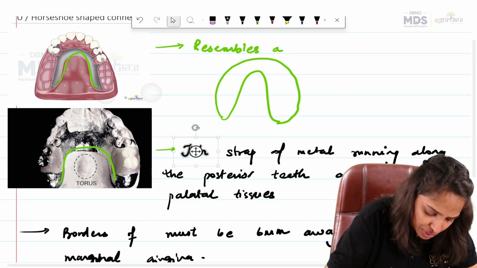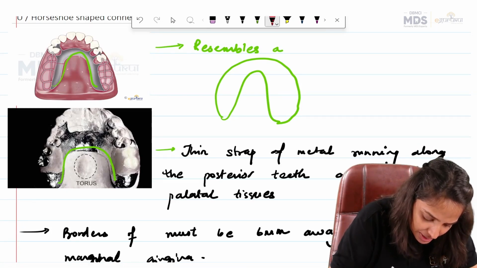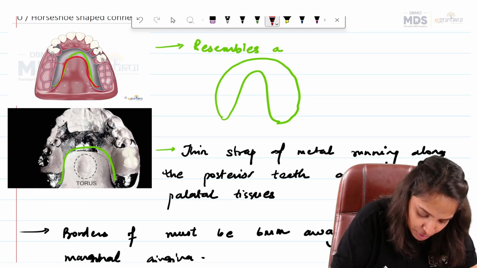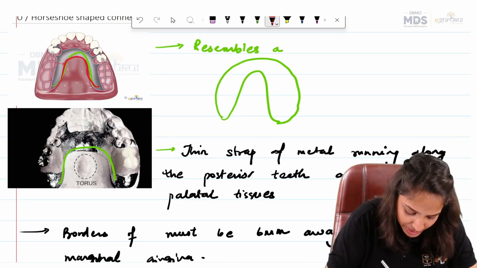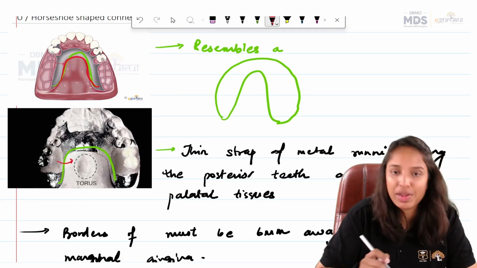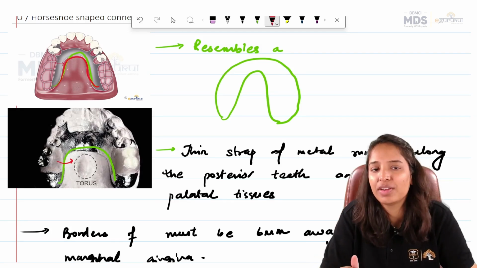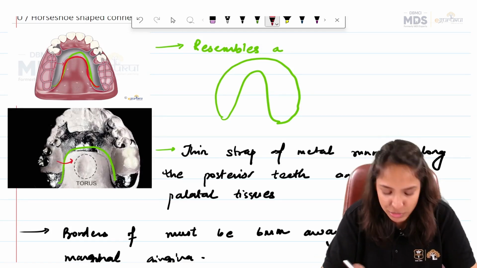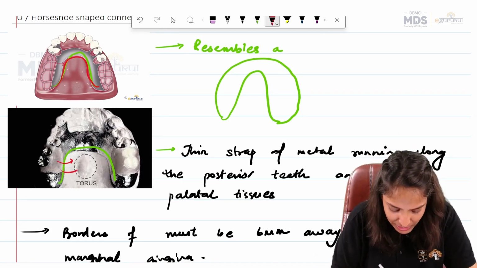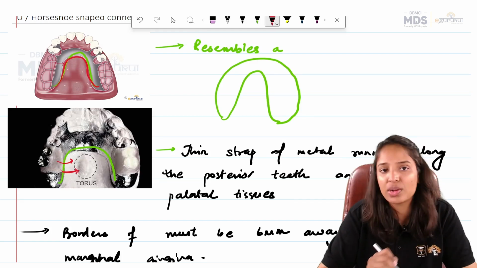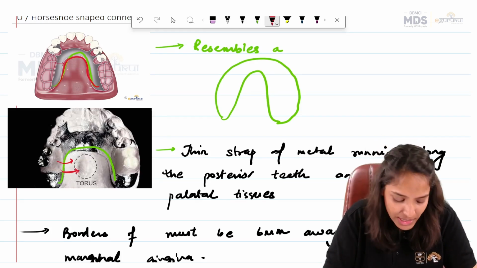It comprises this wide band of metal that runs along the posterior surface. It can even extend onto the tissue by 6 to 8 millimeters. If you want to slightly increase the rigidity, extend its coverage onto the palatal tissues more, which means you slightly extend over this horizontal part of it, right?